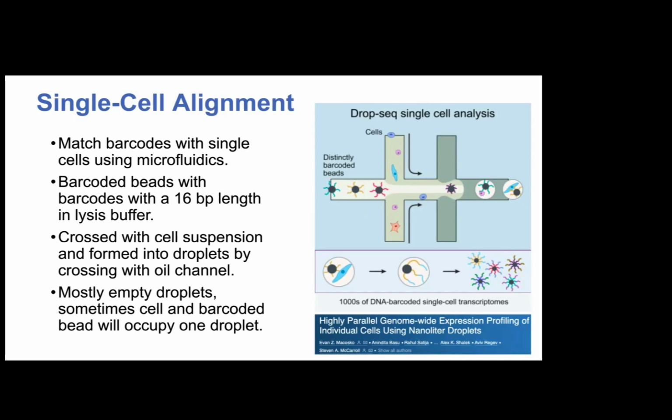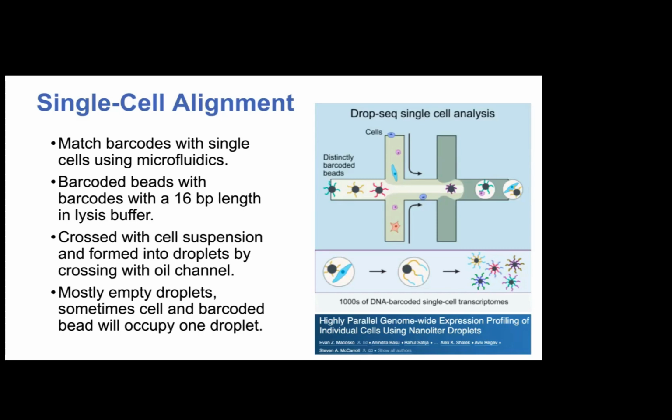With modern technologies, they can do all these processes, like amplification and sequencing and whatnot, in this droplet. What happens then is that all your reads that come from this droplet, from the cell, have this barcode on them, right?